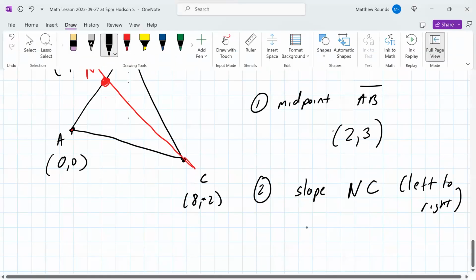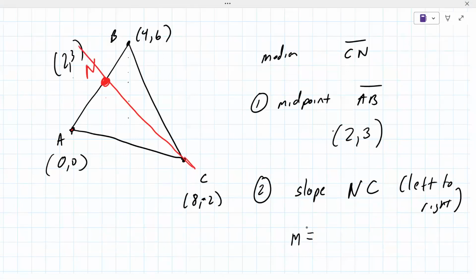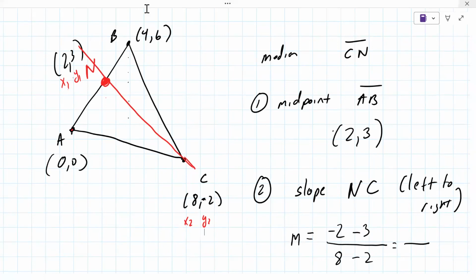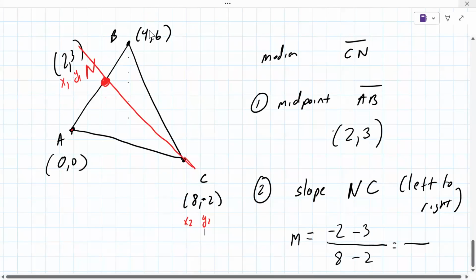You got a slope for me? I have 6/4. Okay, it should be on top, -2 minus 3, and on the bottom would be 8 minus 2. Sounds like you've got maybe some numbers flipped or not in the right place. X1, Y1, X2, Y2, something like that. Oh, I did 0, 0, and 4 and 6.